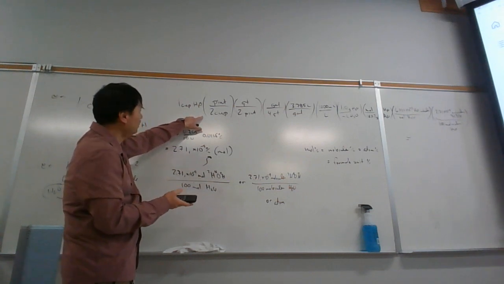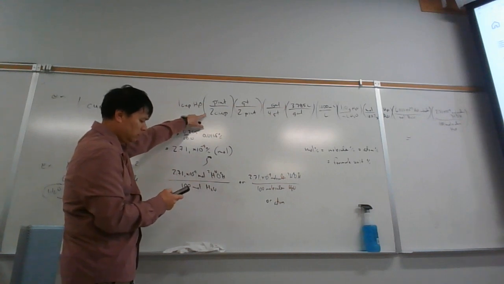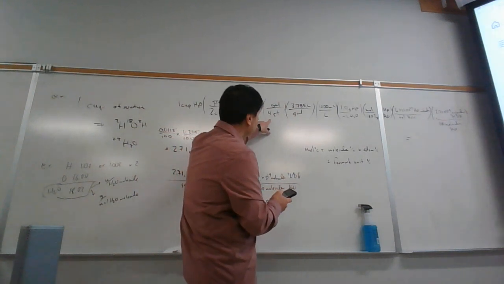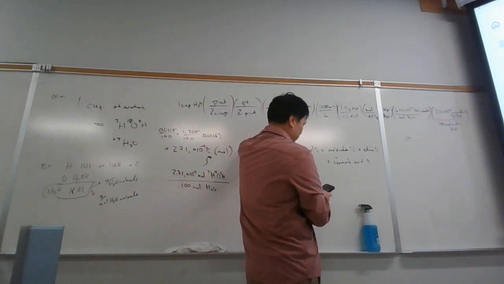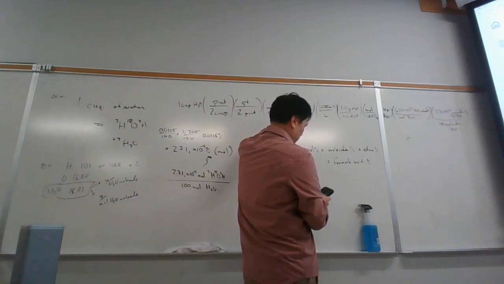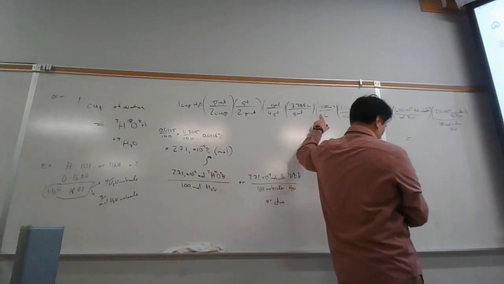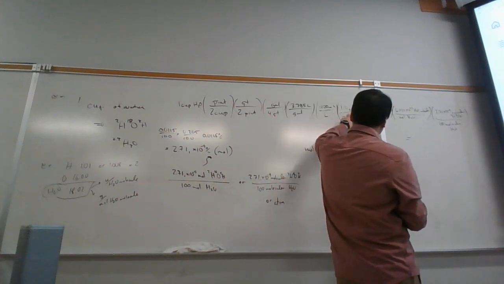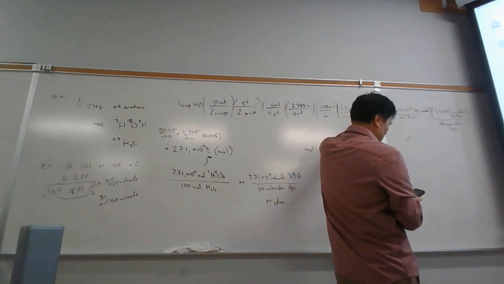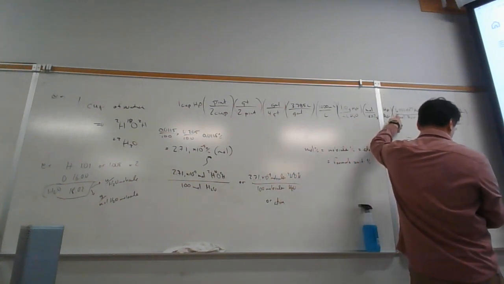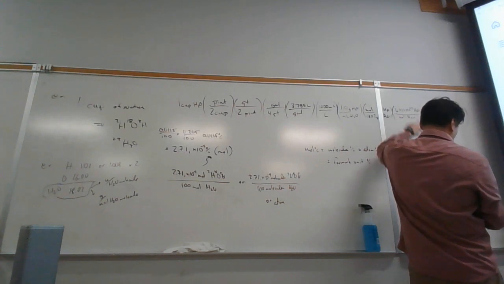Take 1 divided by 2 divided by 2 divided by 4 times 3.785 times 1,000 times 1 divided by 18.02 times 6.022 times 10 to the 23rd.